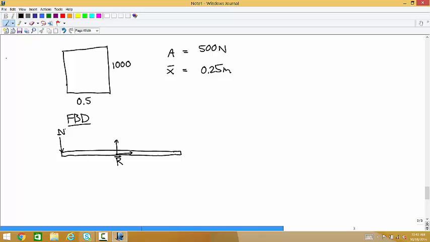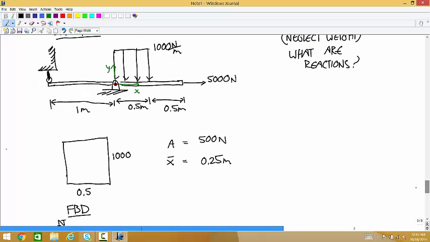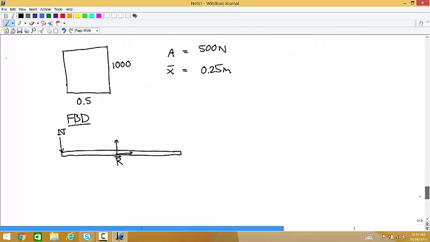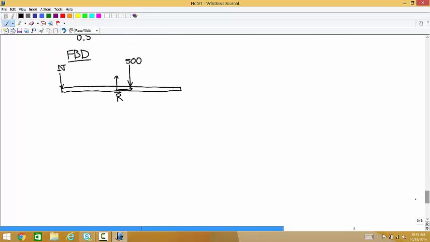I'll call that N. Then the distributed load applies a 500 Newton force down. And then the last thing is a 5,000 Newton horizontal force there.